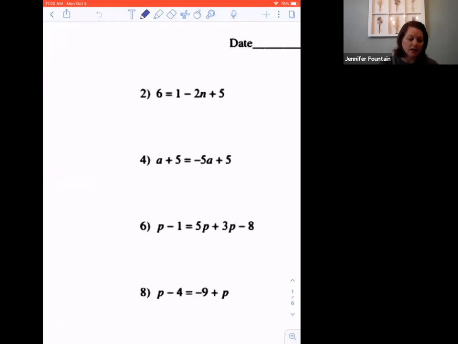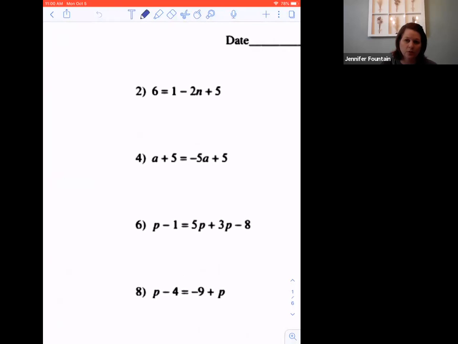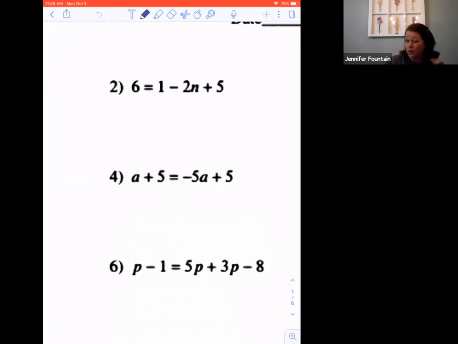Okay, so look at number 2. The first thing you would need to do is simplify first. You've got a 1 and a +5 on the right-hand side. Just real quick, we're not gonna be able to do all of these, but I'll do a quick one. Basically I've got 6 equals 1 plus 5 is 6 minus 2n.